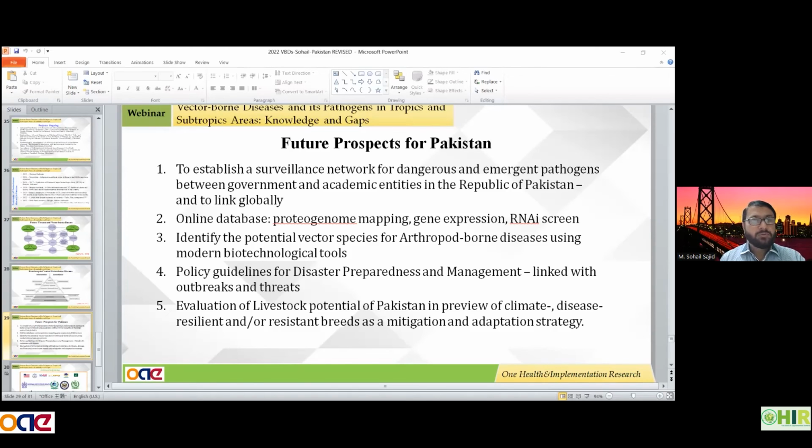Then we should also think of developing an online database based on proteogenome mapping, gene expression, as well as RNAi screens, or maybe including some other methods to go for their control. We should keep on identifying the potential vector species for arthropod-borne diseases using modern biotechnological tools, as one recent paper came from the KP province of Pakistan, where another species of heart tick has been isolated.